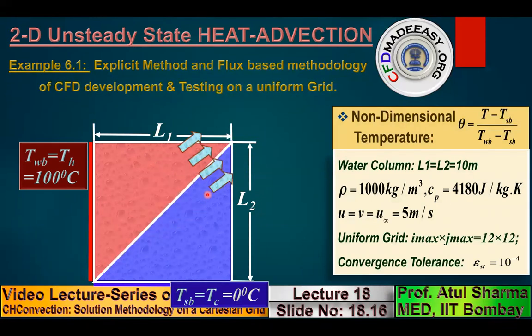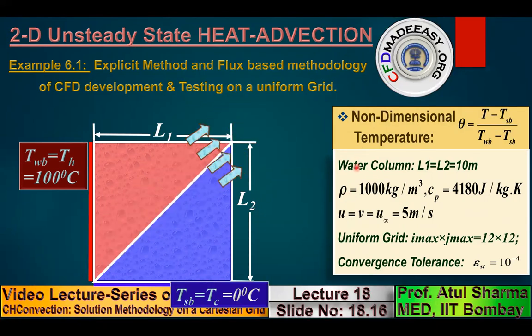This example problem was presented in a non-dimensional form, where the non-dimensional temperature is written as theta equals temperature T minus T south boundary, divided by temperature west boundary minus south boundary. So on the left wall, or the west boundary, when you put T equals T west boundary, here you have theta equals 1, and here you have theta equals 0.